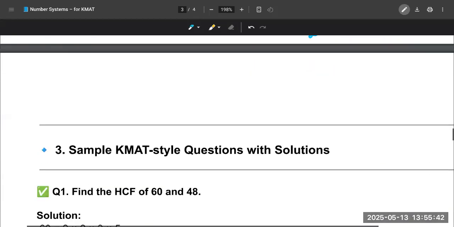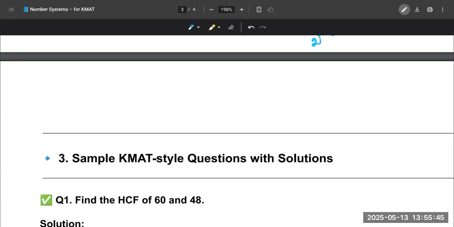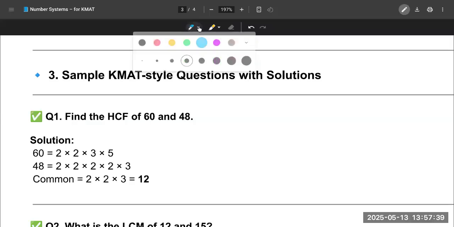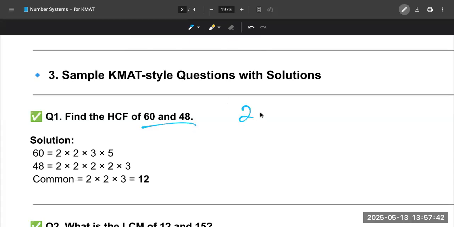We look at some questions. Can you find out the HCF of 60 and 48? Like you were saying, 2 is a factor, but it is not the highest common factor.